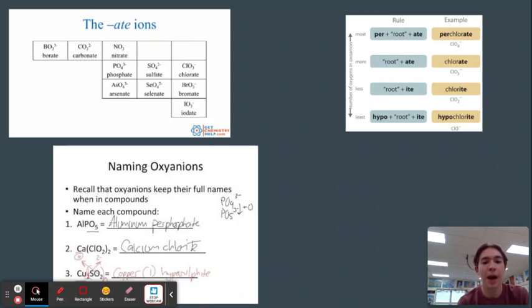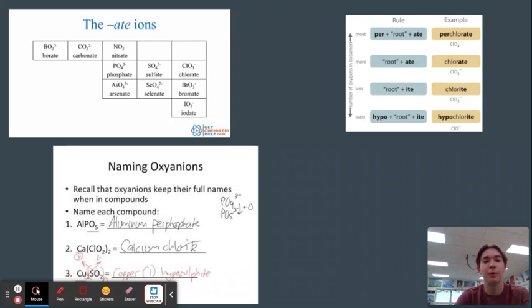With others, however, there's a thing called the elbow. I don't know really what it is exactly, but you can see from the borate, it goes up, down the period, and then down the group. So with the chlorate, the bromate, the iodate, the reference ion, which is the starting ion, the one that ends in -ate, you can see that there's actually one less oxygen atom than in the other ones outside of the elbow.